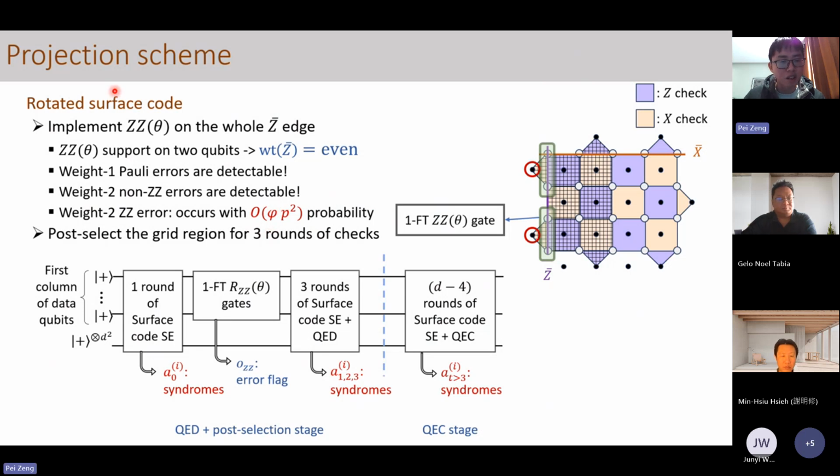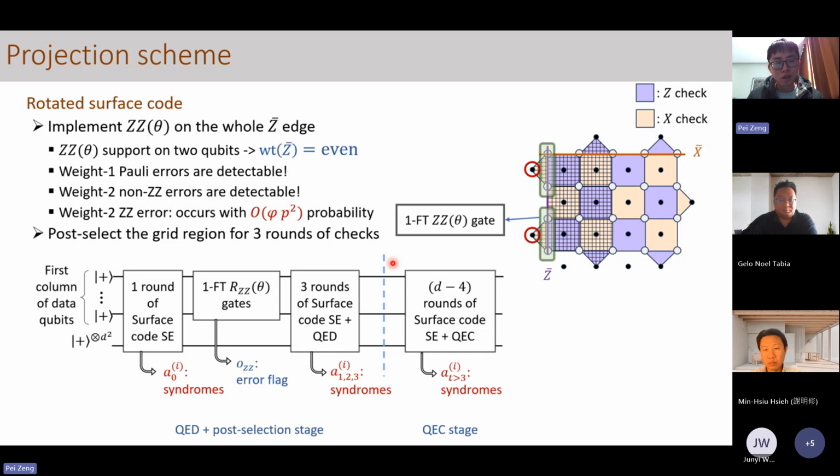And for the projection scheme, you don't need to start from the 412 code, but you simply do some syndrome extraction on the very large surface code, and you do some rotation gates in the middle, and you do the projections, and if the projections succeed, then you successfully prepare the rotation state.